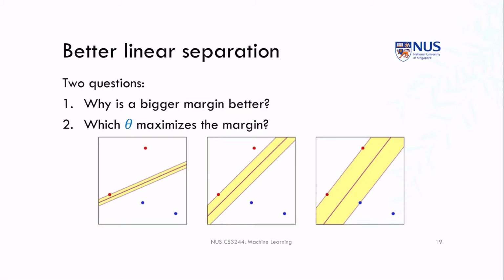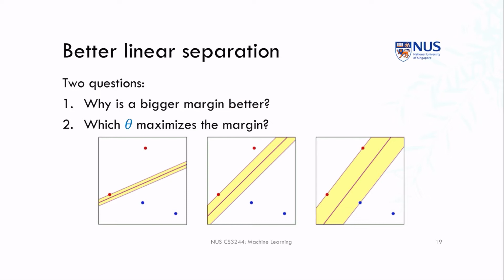So what do we mean by that? We want to define a better linear separator. And we've got 2 questions for ourselves. Why would we think such a bigger margin is actually a good thing for us, right? So you can see as we go from the left side of this diagram to the right side, we get successively larger margins until on the right side, we basically can't squeeze any more margin out of the diagram.